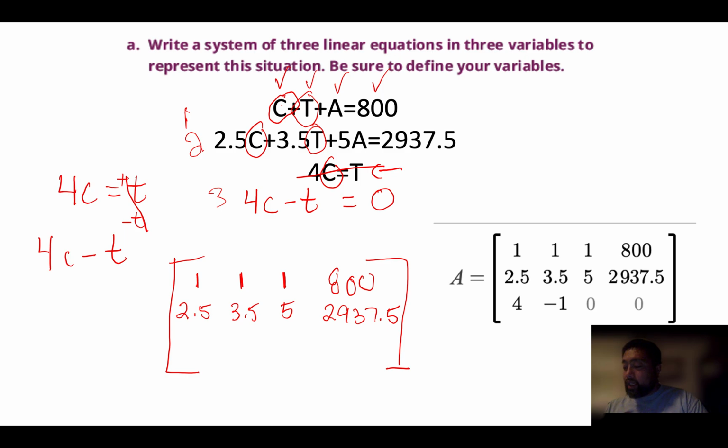We got C, so we know that is 4, right? We know T, that's -1, but there's no A. So we go back to our rules. If there is nothing there, you just got to put a 0 as its placeholder. And the other one is 0 because it's equal to 0. That's where we get that right there. So this, guys, is your first matrix that you guys made.